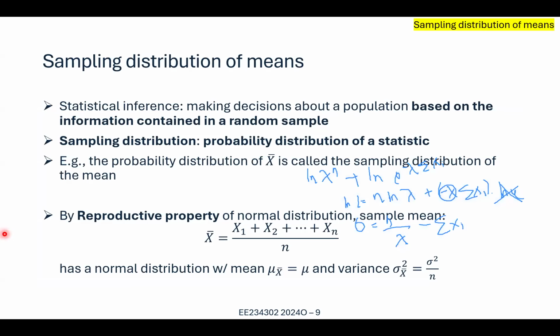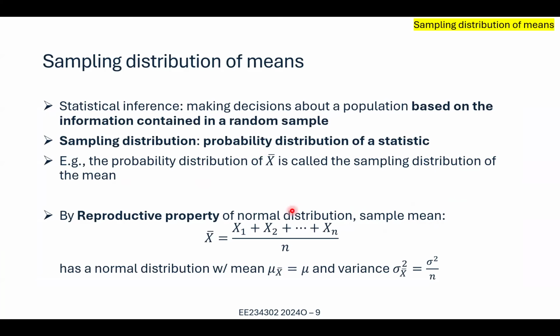All right, so the next topic here is the sampling distribution of means. This is mainly concerned with sampling: if we have a population, we take a sample from the population. There is actually some interesting characteristic of the sample, right?